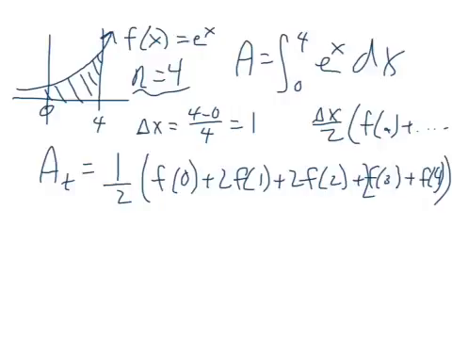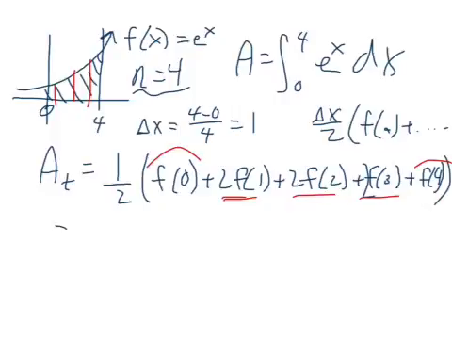So all the middle terms have 2. These have 2 as a coefficient, and the ones on the end only have 1. And we talked about why that is, because the end ones are only involved in one trapezoid, and the middle ones are part of 2 trapezoids, so we count those twice.